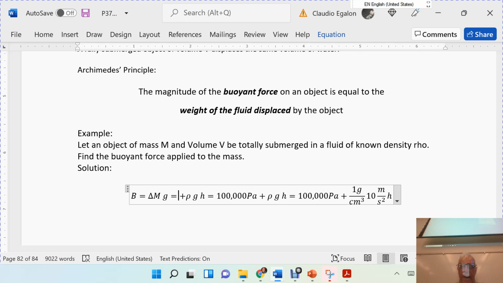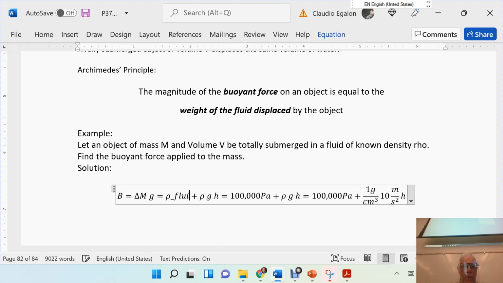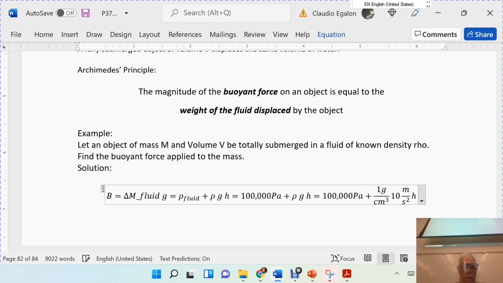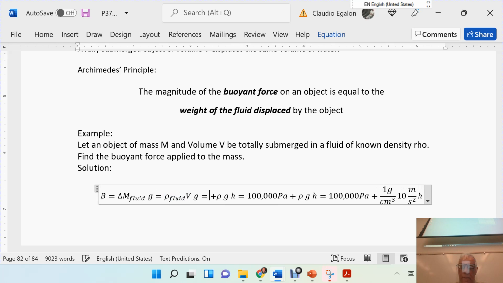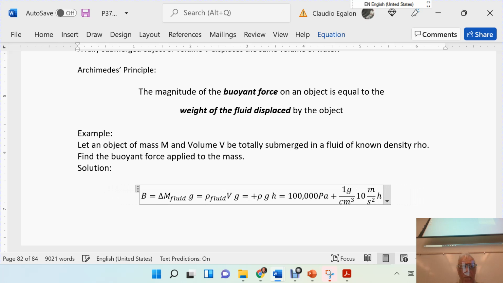And the weight of the displaced fluid can be written as the density of the fluid times the volume times g. Okay? That's what it is. That's the buoyant force.